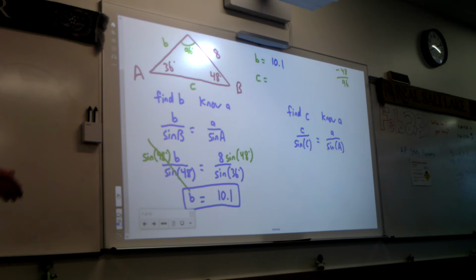All right, Micah, tell me what you put in there. Equation? Yeah. I put 8 times the sine... Or, sorry, hold on, you're getting too far ahead of me. I meant just plugging it into the equation first, and then we'll get to your calculator. So I said 8 over the sine of 36 is equal to C over the sine of 96.